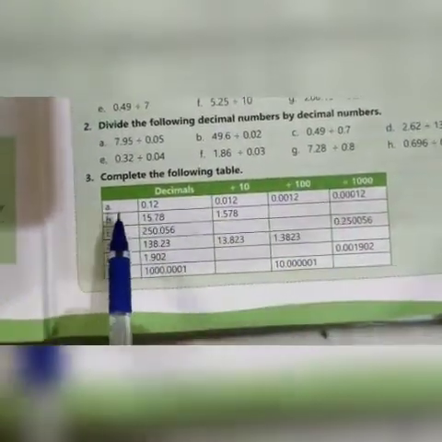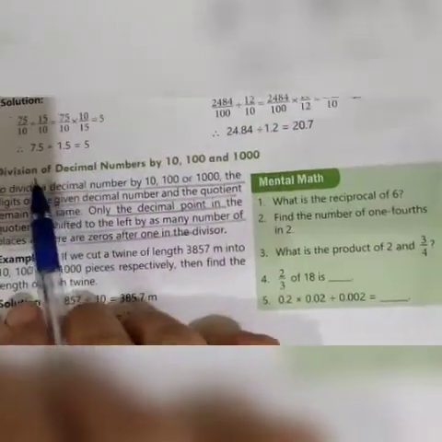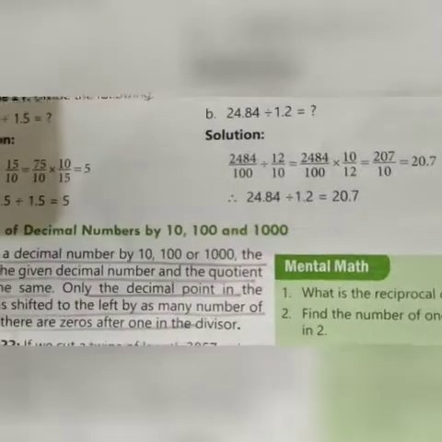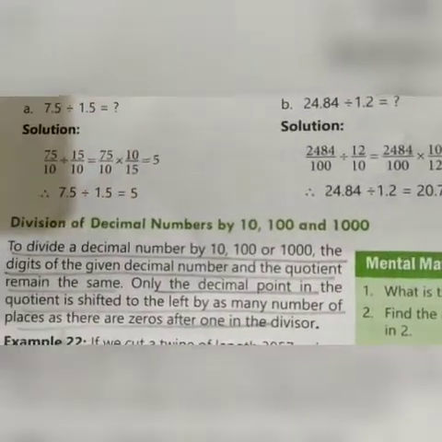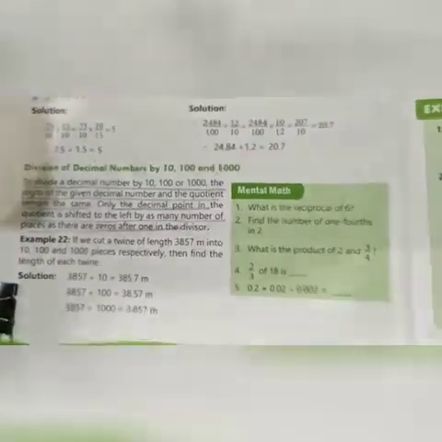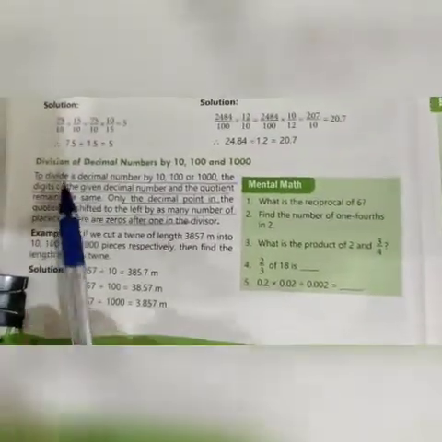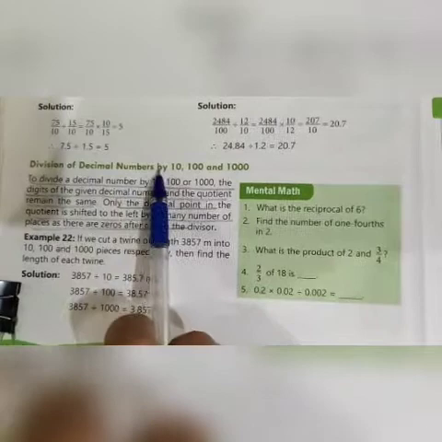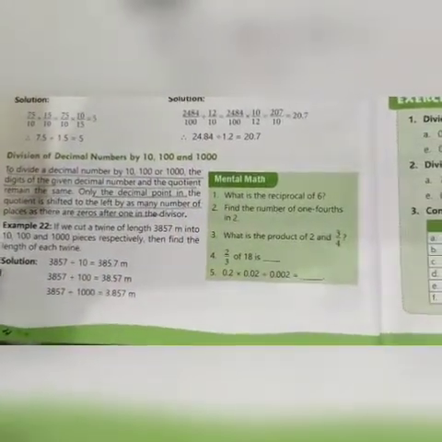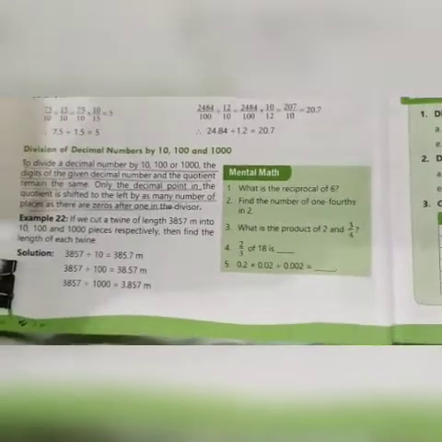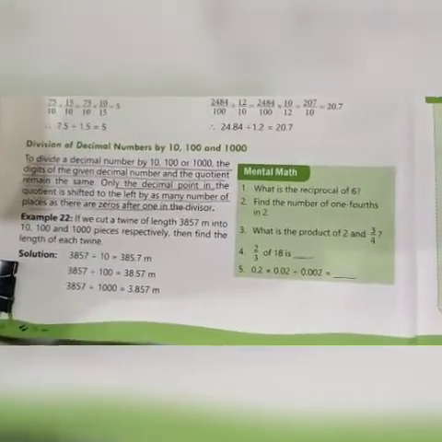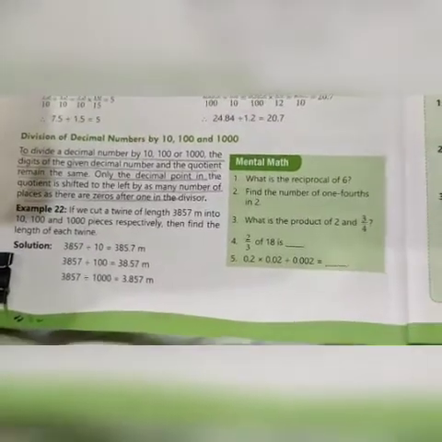First I am going to explain division of decimal numbers by 10, 100 and 1000, because just now you learned multiplication of decimal numbers by 10, 100 and 1000. And now I am going to explain this division, so that you would be able to make a difference between multiplication and division of decimal numbers by 10, 100 and 1000.